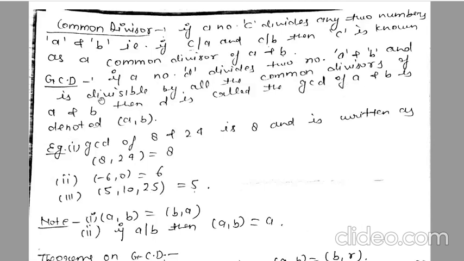Now GCD. So what is GCD? If a number D divides two numbers A and B and is divisible by all the common divisors of A and B, then D is called the GCD of A and B, denoted by the small bracket (A, B), right?